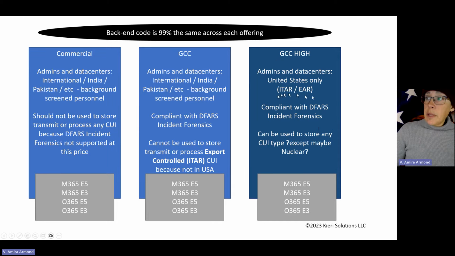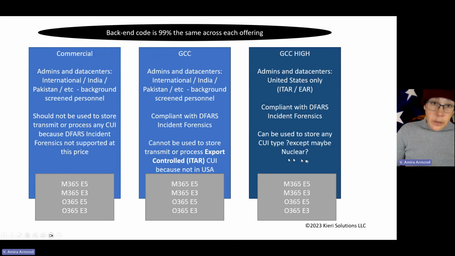GCC High is also compliant with DFARS incident forensics. If need be, they absolutely will let the DoD come in and look at their servers, look at their network. GCC High, to my understanding, can be used to store any CUI type.